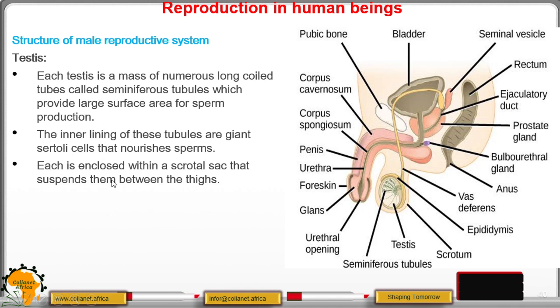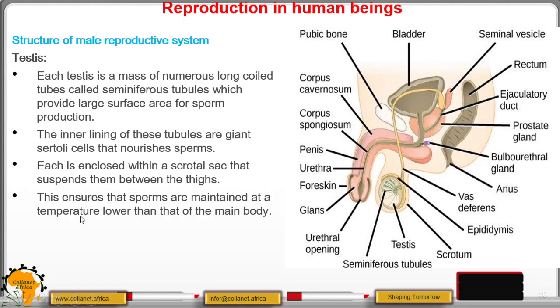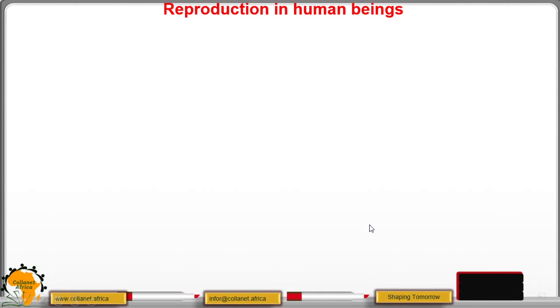The testes are enclosed within a scrotal sac that suspends them between the thighs to ensure a lower temperature that is favorable for the survival of sperms.